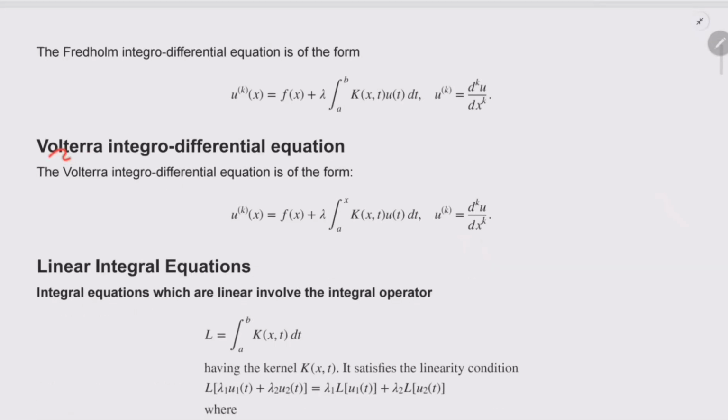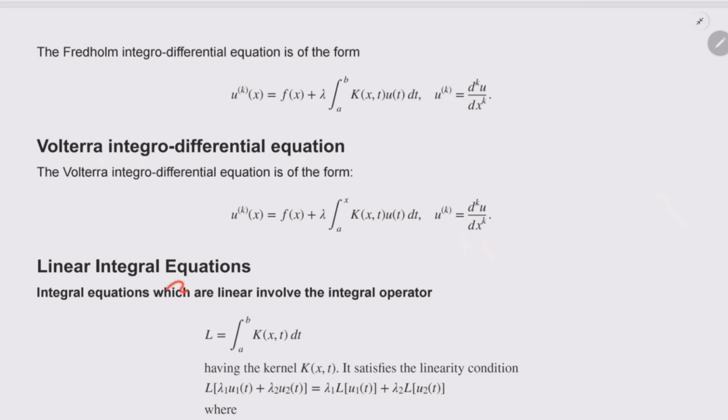Similarly, we have Volterra integral differential equation. V is for variable, so there is a variable limit, which is the upper limit. The variable limit can appear in the lower limit and the upper limit as well. So this is called Volterra integral differential equation.